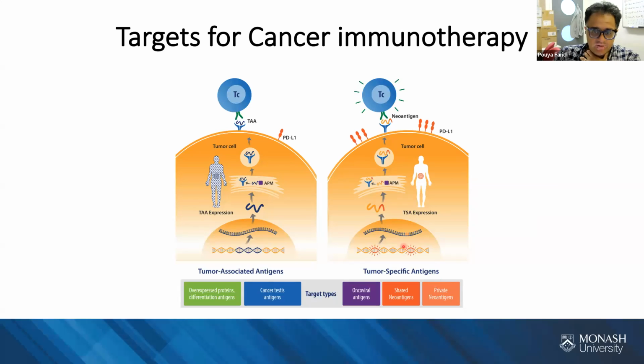Neoantigens are peptides where sometimes we have mutations, and that change in amino acid because of the mutation comes to the cell surface, and then we can see this neoantigen on the cell surface. So if a peptide comes from a tumor-associated antigen or a tumor-specific antigen, then this would be a target for cancer immunotherapy.